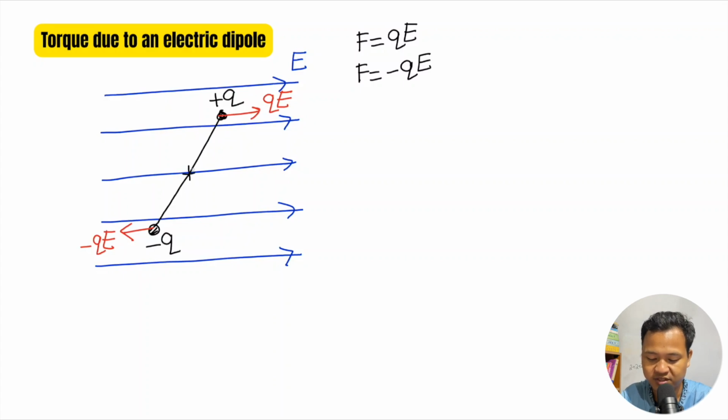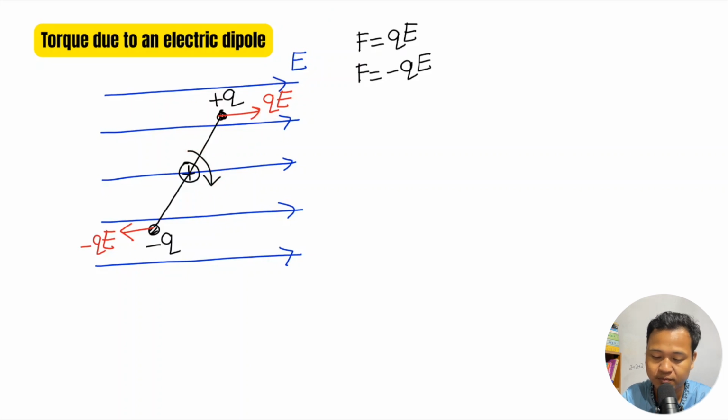So that means if I fix this dipole at the middle, it will rotate clockwise, as one force goes this way and the other goes that way. It will rotate and then you will have the dipole like this, with minus Q on one side and plus Q on the other. So the force causes rotation, that means there is torque.